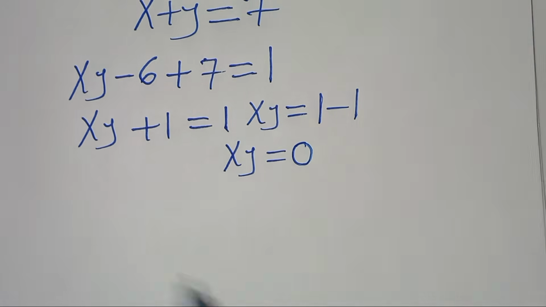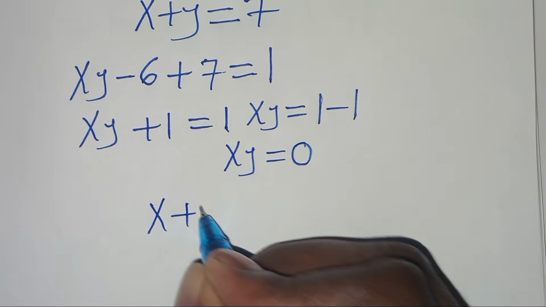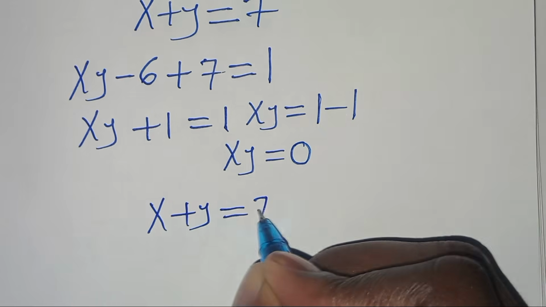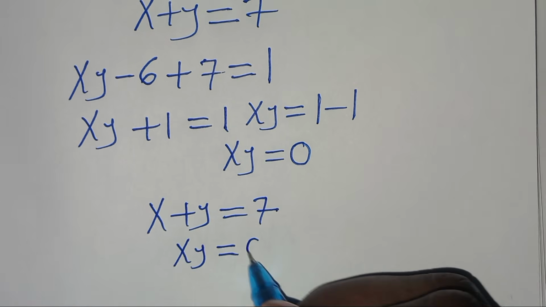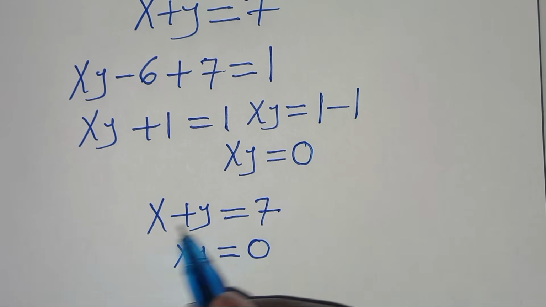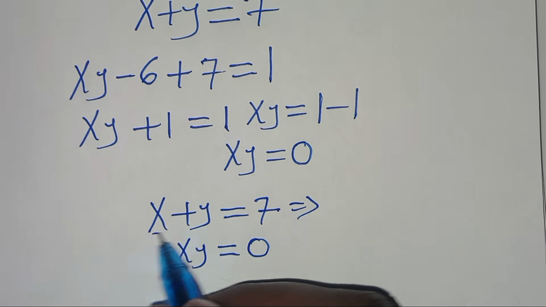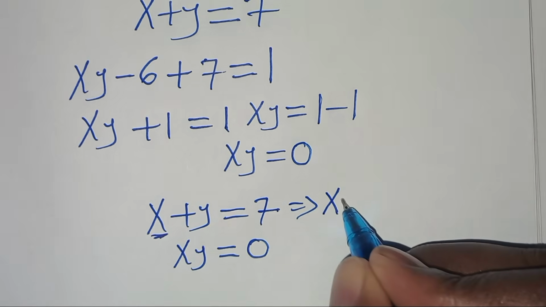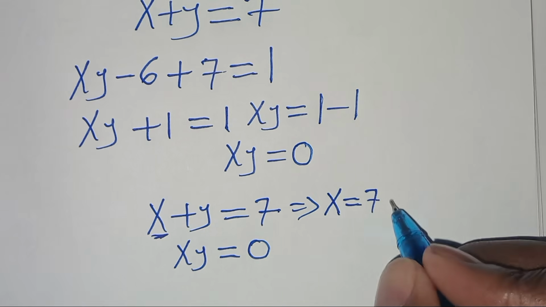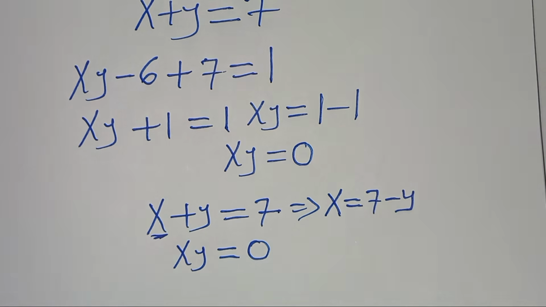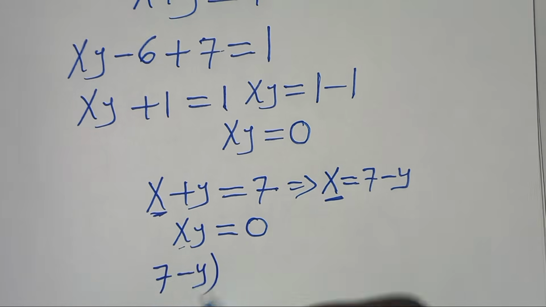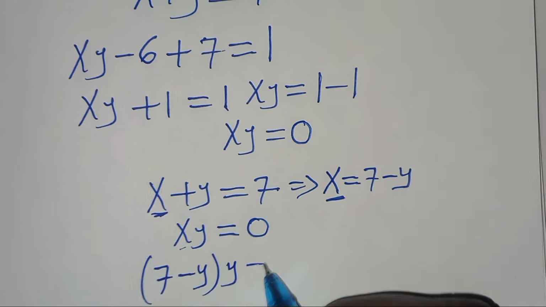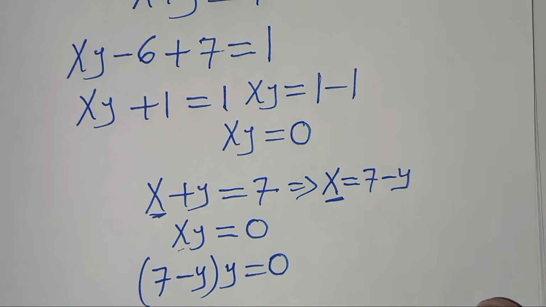So we have x + y equal to 7, and x times y equal to 0. From this equation we can make x the subject of the formula. So x will be equal to 7 - y. So we can substitute x here with 7 - y. So we have (7 - y) multiplied by y, which is equal to 0.